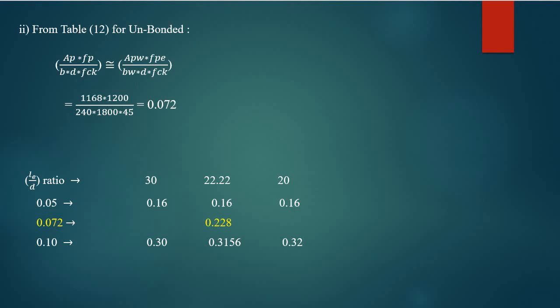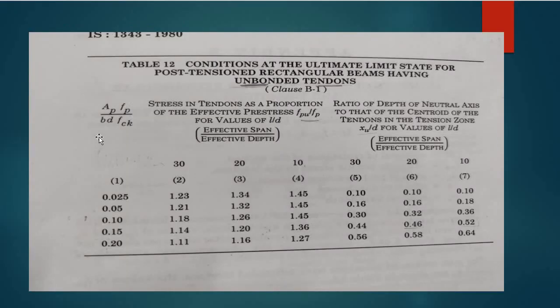In the question itself, they have given the tendons are unbonded, so we should refer to table 12. See, like this, table 12 will be there. I have underlined it for unbonded tendons. If it is bonded tendons, you should refer to table 11, but it is unbonded tendons, so you should refer to table 12.